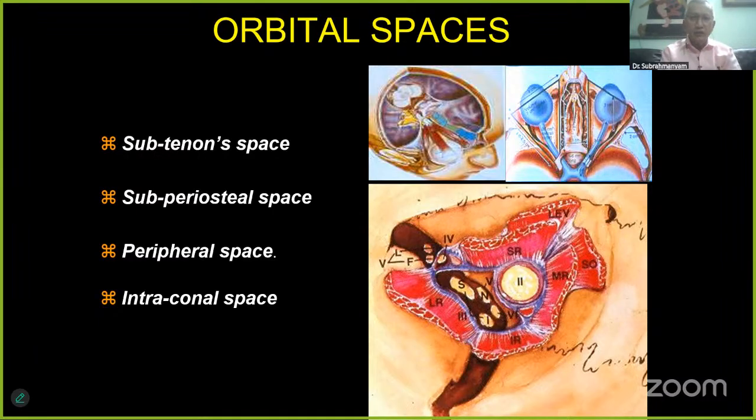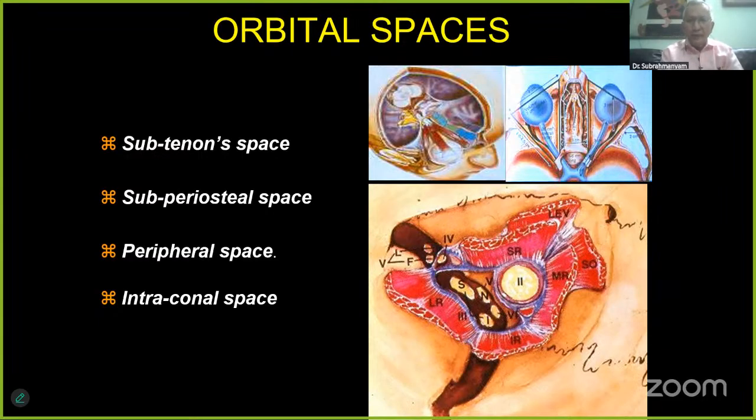So what are the 4 surgical spaces? The subtenon space, and the subperiosteal space. These are potential spaces that are not very huge in size. Subtenon space is the space between the eyeball and the tenon's capsule, whereas the subperiosteal space is the potential space between the bones and the periosteum covering it.